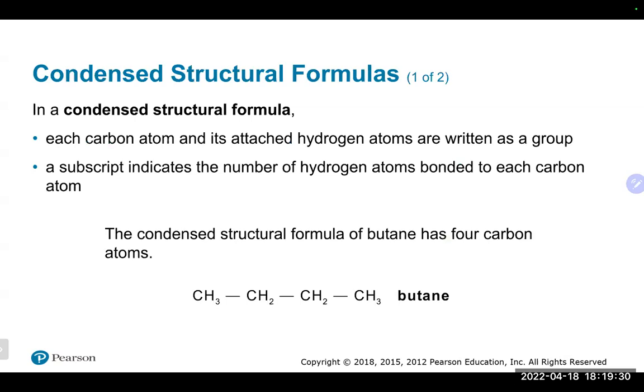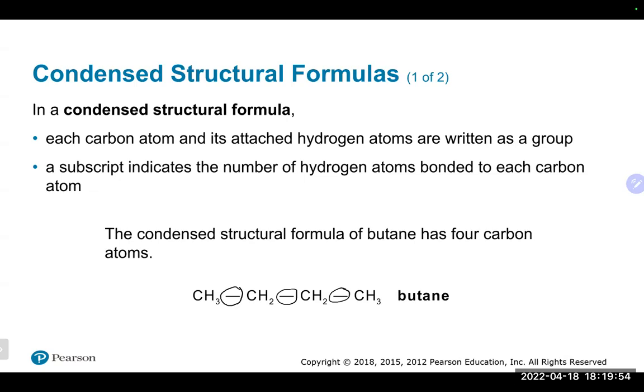As I mentioned, the condensed formula is a place where we don't draw out the hydrogen bonds. Most people these days do the lines though, between the CH3, CH2 and so on. That's why it used to be called the condensed structural formula, because you have the lines. Technically speaking, without the lines, it's just condensed formula.